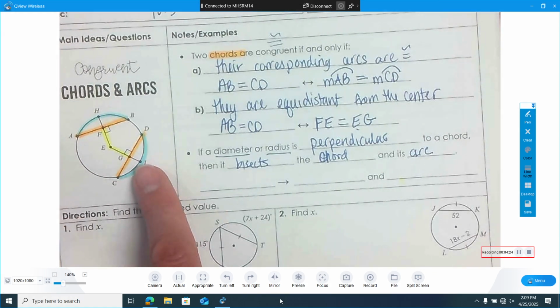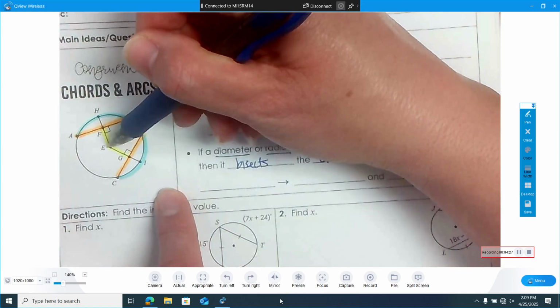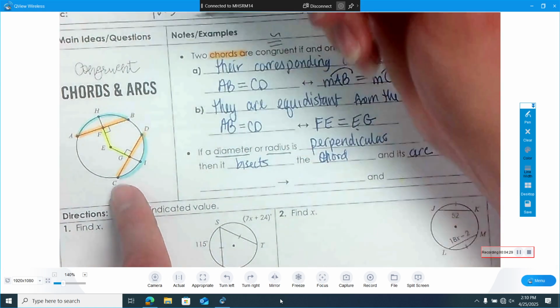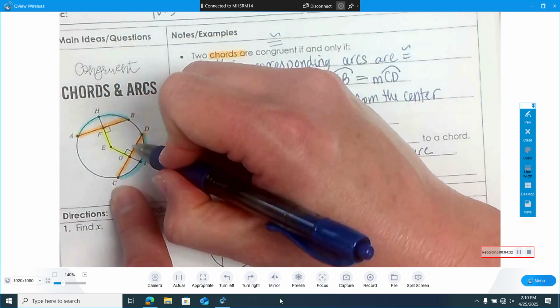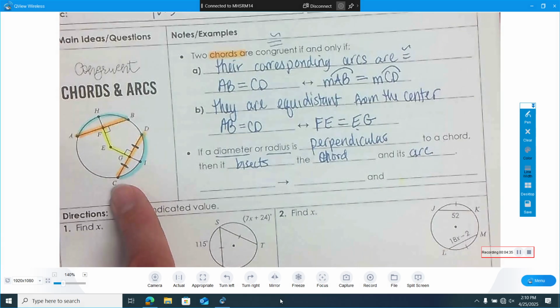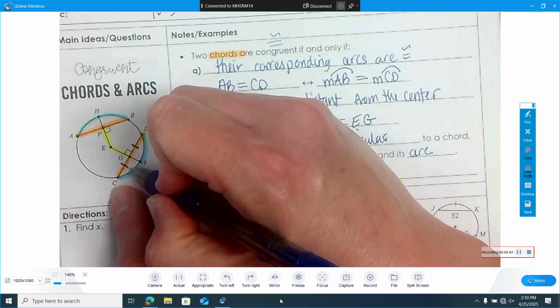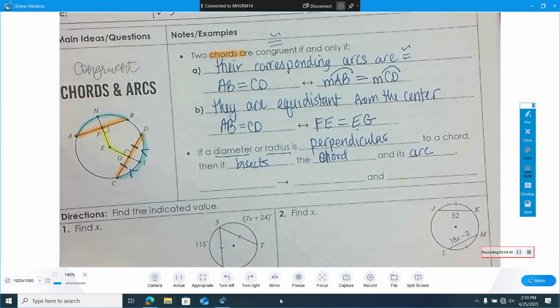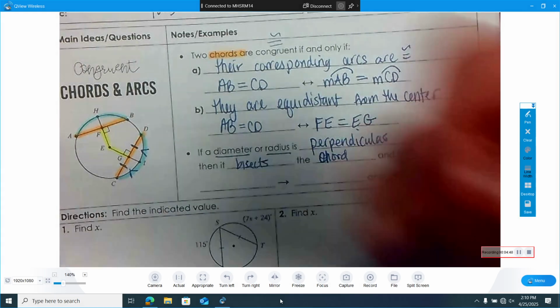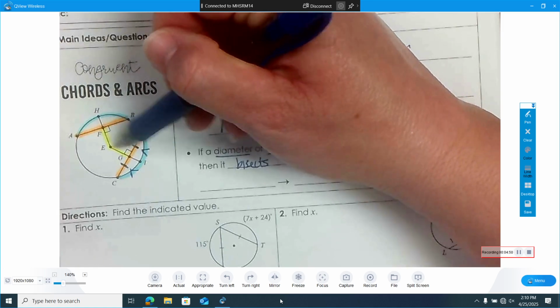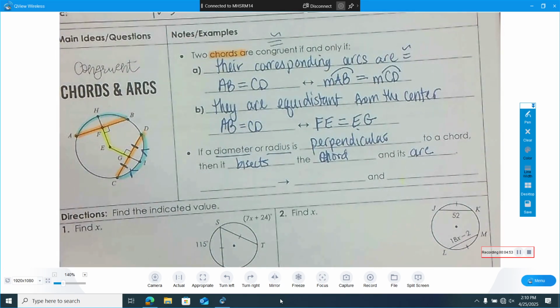So when we look at this little radius, EI, it's perpendicular to the chord. Can you see that it even looks like it gets cut into two equal parts? Does it kind of look bisected to you? And if that chord is bisected, does it make sense that the arc would also be bisected as well? So if you have something perpendicular to the chord, that chord gets bisected, and so does the arc. Lots of things going on here, but it's super easy.